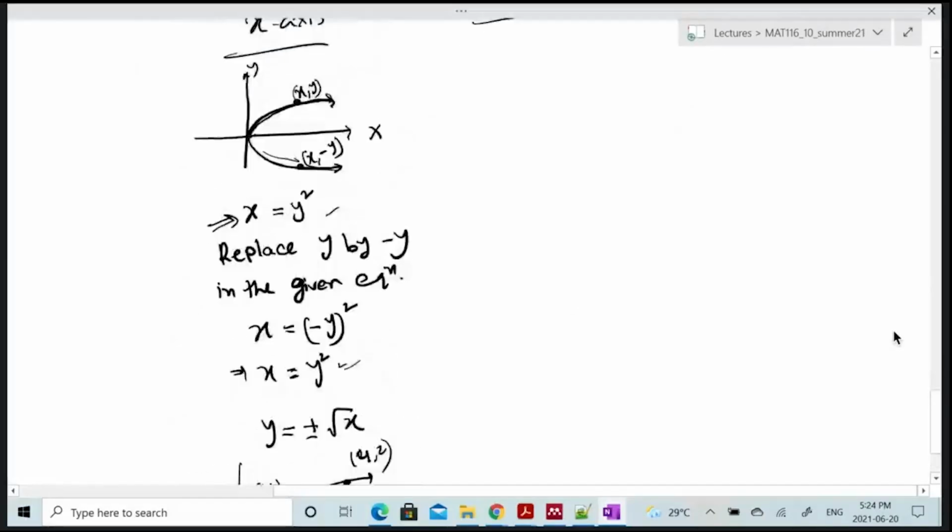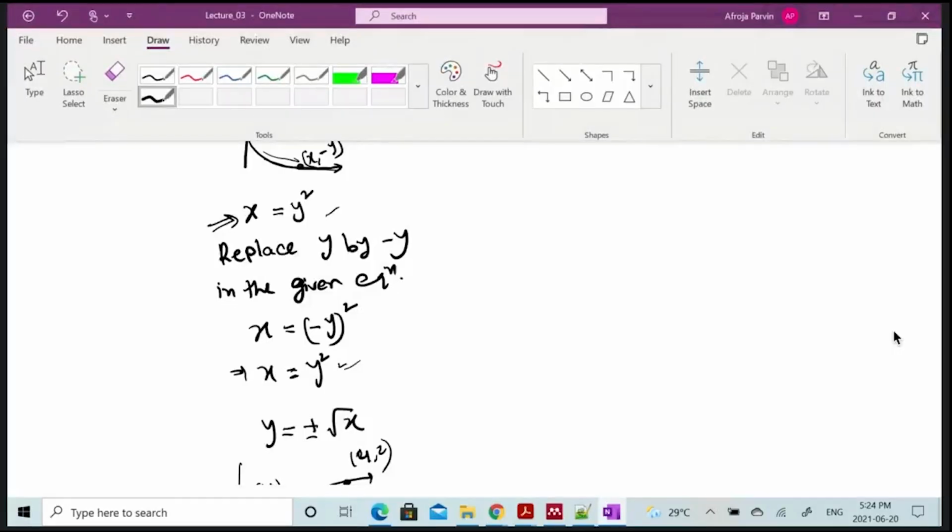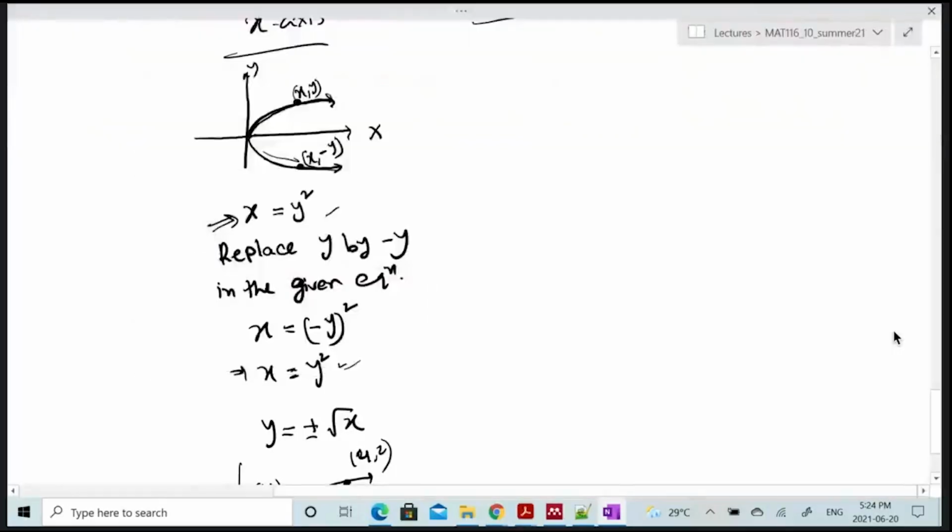Okay. In order to check the x-axis symmetry, again, x-axis symmetry means that whatever pattern the graph has above the x-axis, the same pattern will be below the x-axis. If my graph was like this, then for x-axis symmetry another part would come below. So here the point is x comma y, and so here the point is going to be x comma minus y.